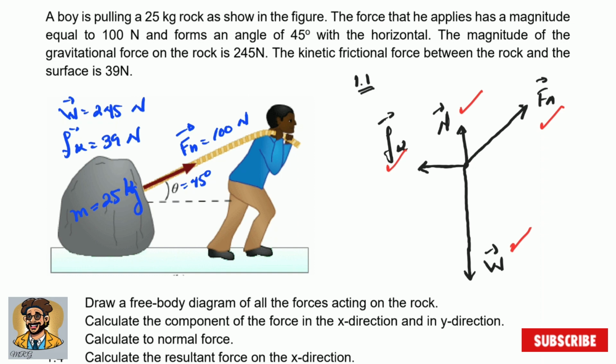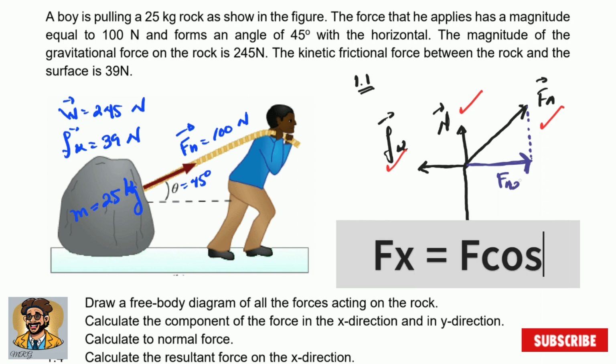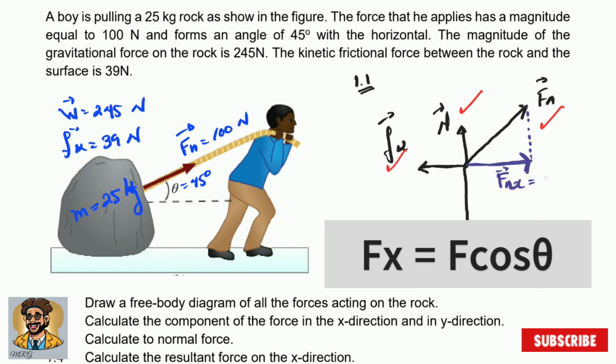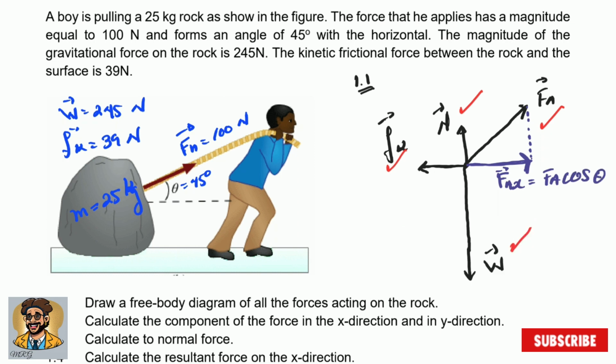Now question 1.2: calculate the component of the force in the x direction and in the y direction. Note that in the x direction FA will have a component. It's not part of the free body diagram, that's why I did not include it before. This is FA in x, which is equal to FA cosine theta, where theta is 45 degrees.